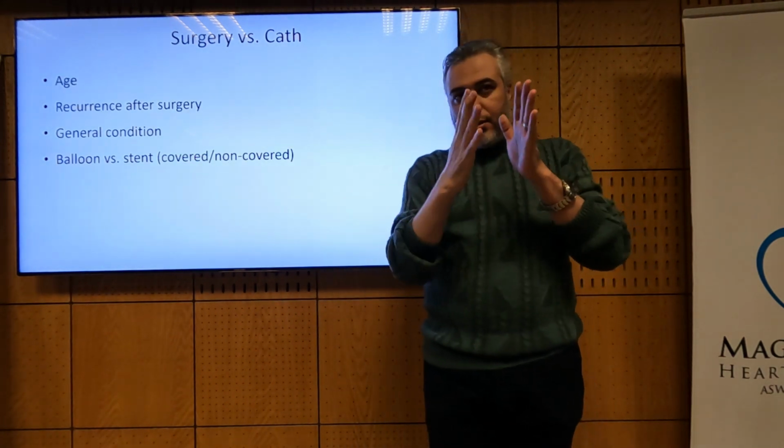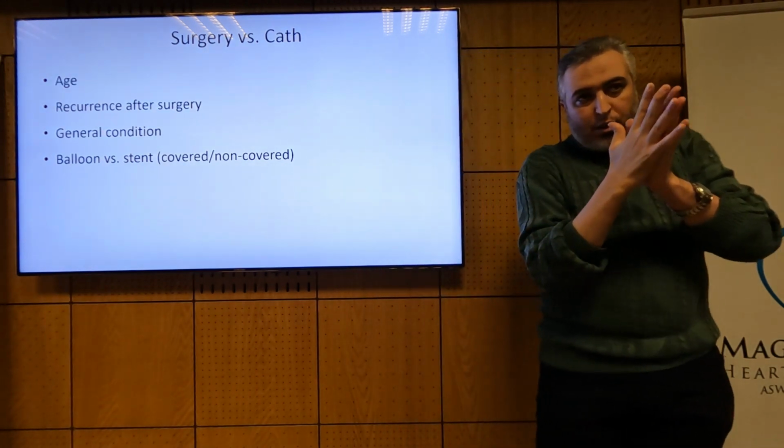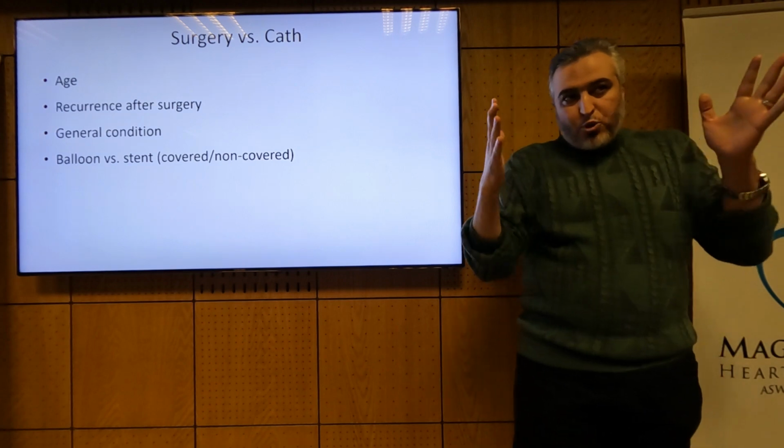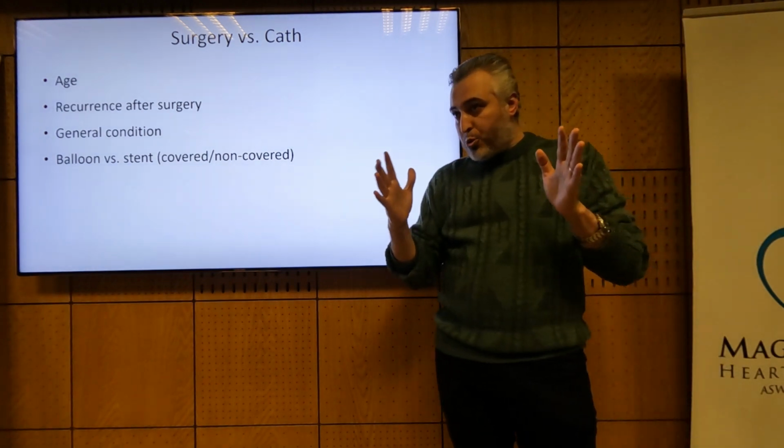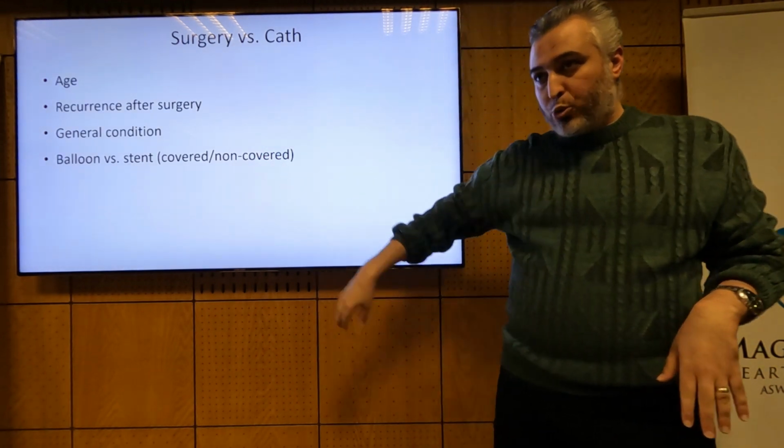So you put a stent that is covered by a tube, by a synthetic graft, and then once you open that, the aorta ruptures, but it is controlled inside the tube so that it doesn't leak, while if it is non-covered, this might not be protective enough.